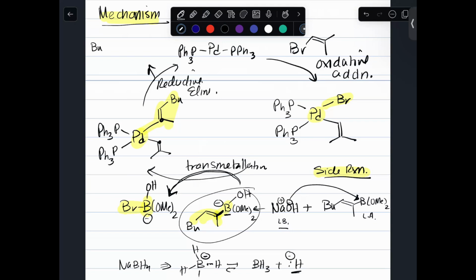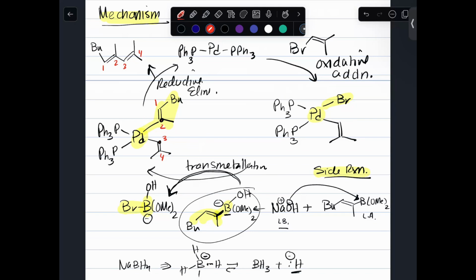If you need to number your carbons, number your carbons. I'll number it for you as well. Notice that carbon 2 has the methyl group, and carbon 2 is now bonded to carbon 3 because of that reductive elimination. That's where they're coupling.